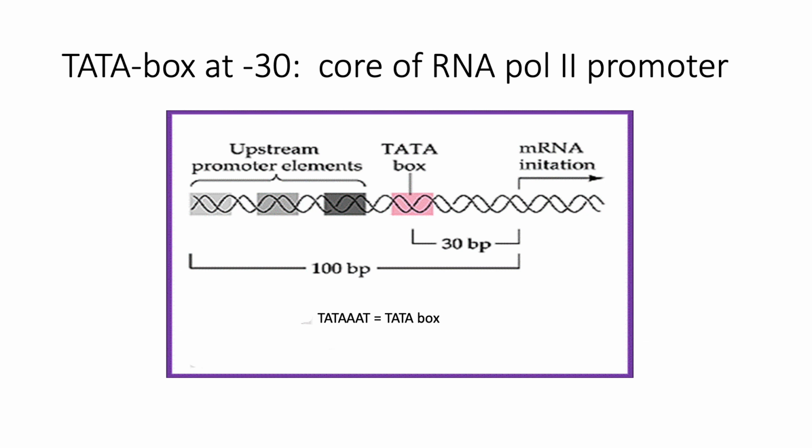These are regulatory, but we'll talk about those probably next time. So if you have a promoter that just has the TATA box, not all promoters will have these upstream elements, most do. But you can have a promoter with just the TATA box alone, and that would be referred to as a basal promoter. It's a very basic basal promoter.